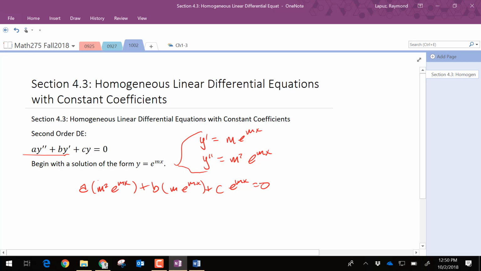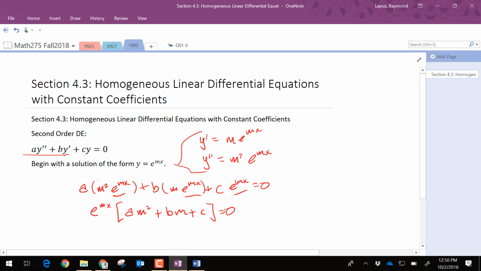We're interested in solving for m in this case, and we see that there's an e to the mx associated with all of them, so we factor it out and we get a m squared plus b m plus c equal to 0.